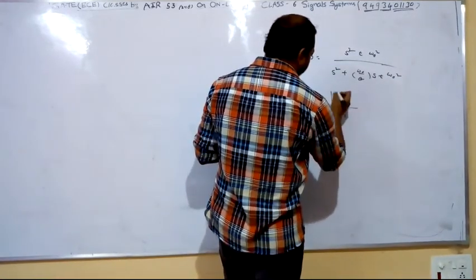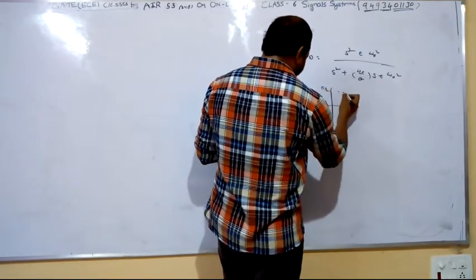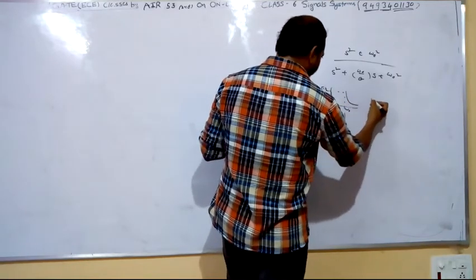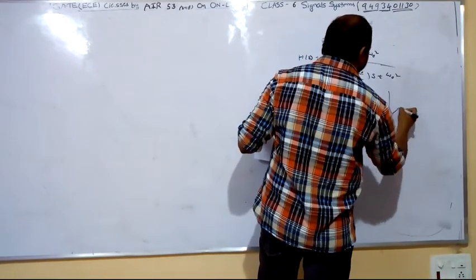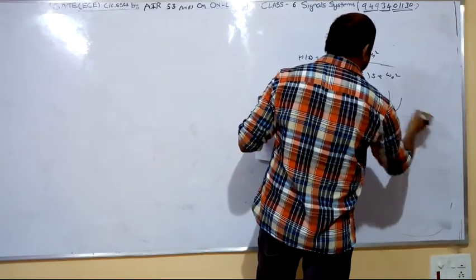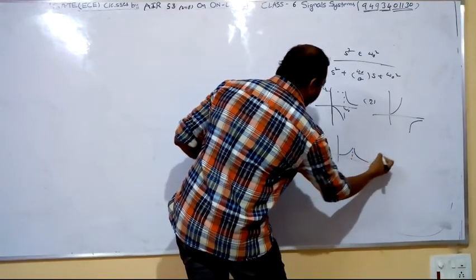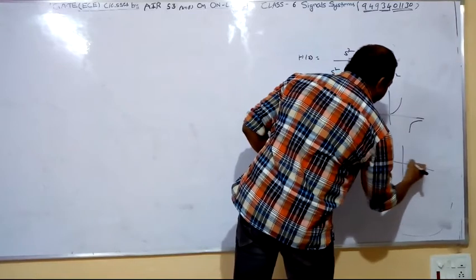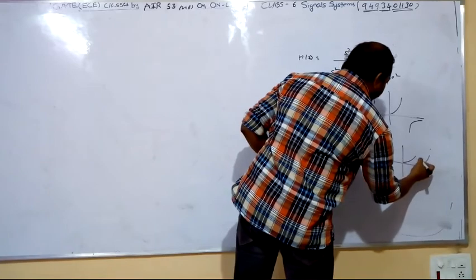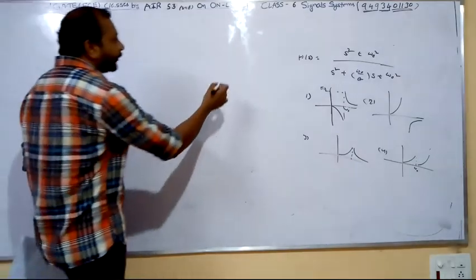What is the phase characteristics of this function? Options are given as this is your pi by 2, corresponding omega naught, like this is the first option, and second option and the third option. This is your omega naught. What is the phase characteristics of this one?